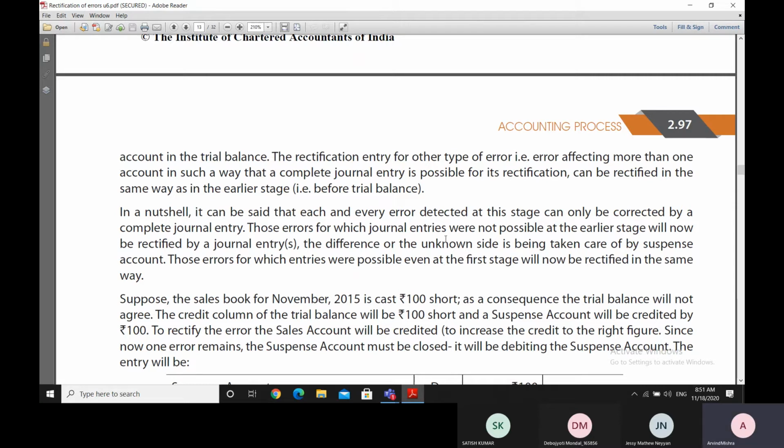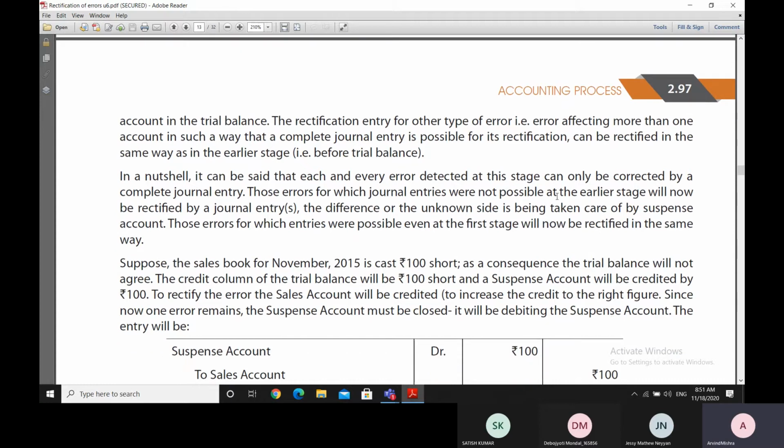So we can say that each and every error which is detected at this stage can be corrected only by a complete journal entry, which means to say that those errors which are detected after the preparation of the trial balance can only be corrected by a complete journal entry.